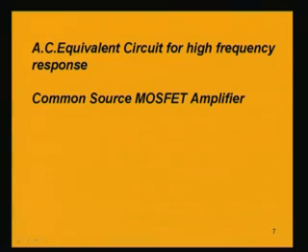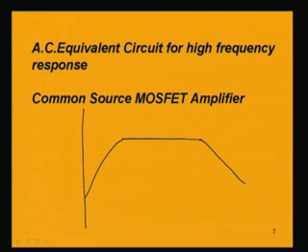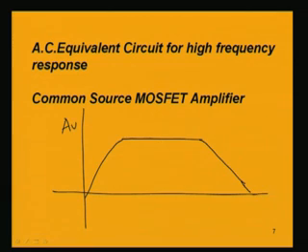So, we get a frequency response having a constant gain in the mid frequency region, and in the high frequency and low frequency regions it will be dropping off like this. If we plot the voltage gain versus frequency, then in the mid band region the voltage gain will be constant.